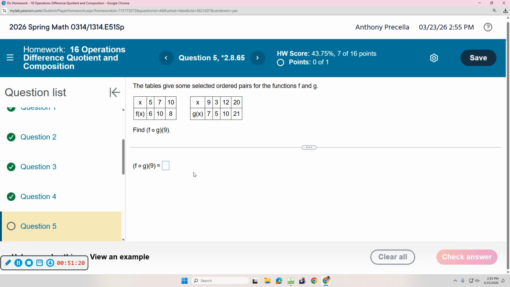Okay, I heard them both. So one of those answers is right. Which one will we use for that 9? Which table are we going to use? The G table. Using the G table, 9 is assigned to 7. Now we're ready for the F table. 7 is assigned to 10.